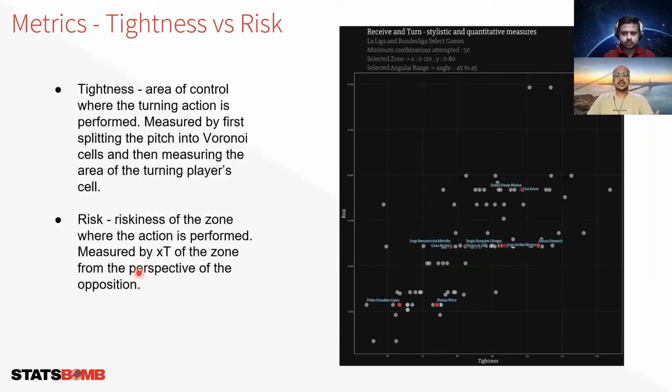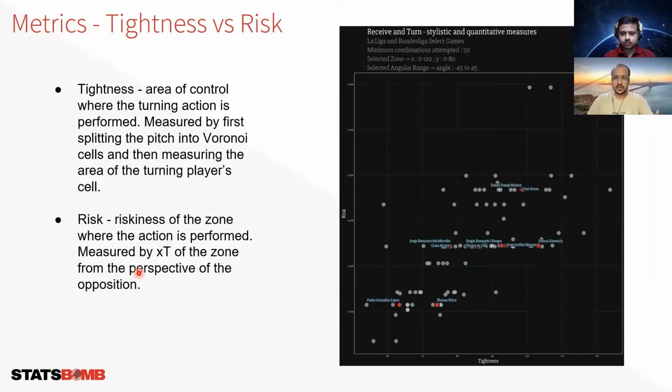Here's the quantified scatter plot where you can see risk versus tightness, which is essentially talking about the similar metrics that we spoke about in the beginning, where if the tightness is low and the pressure is high, so is the risk.